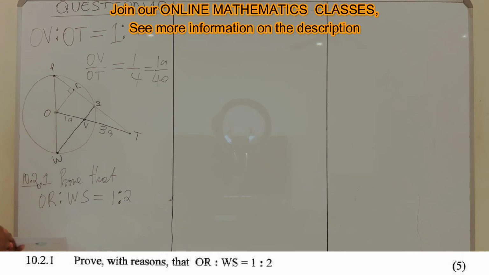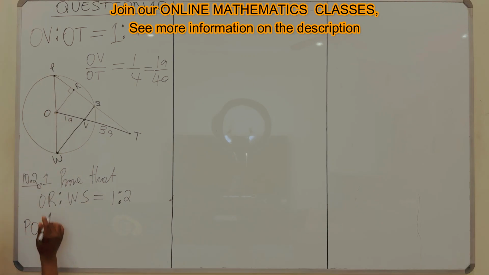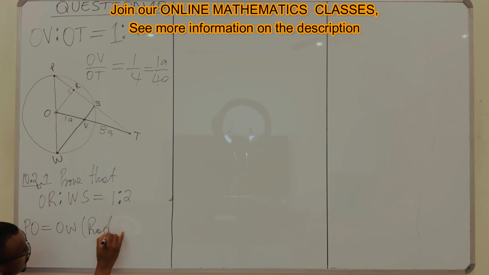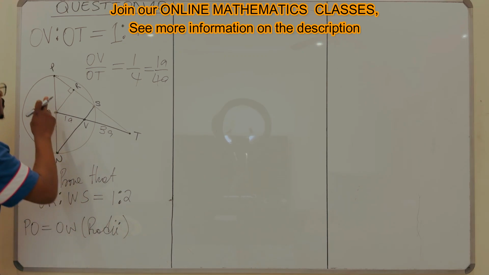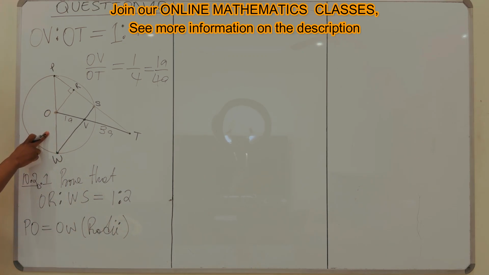How is it special? What you need to remember is that this length from P to O is equal to your OW. Why? Because these are radiuses, OP and OW.